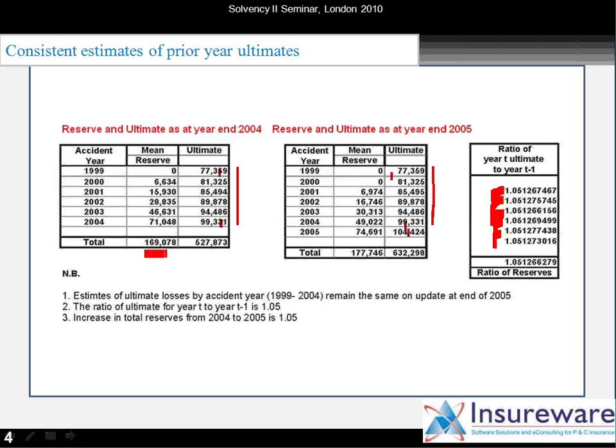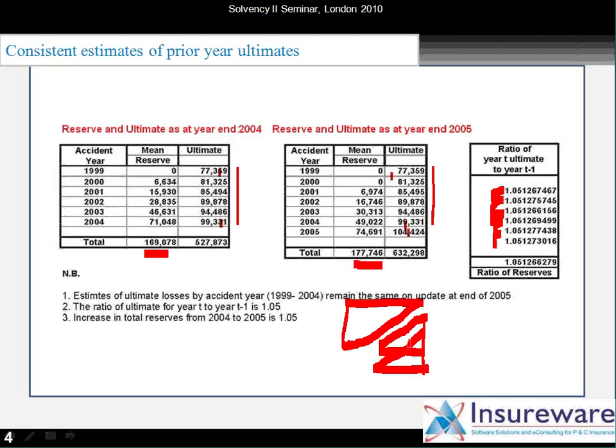What happens to the total reserves? Well, let's work this out. At the end of 2004, the total reserves is the sum of the numbers in this triangle. Next year, it's the sum of the numbers in the bottom triangle.